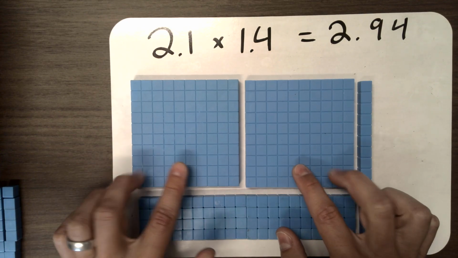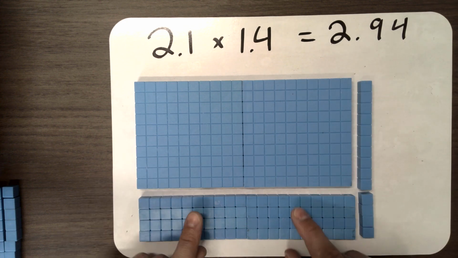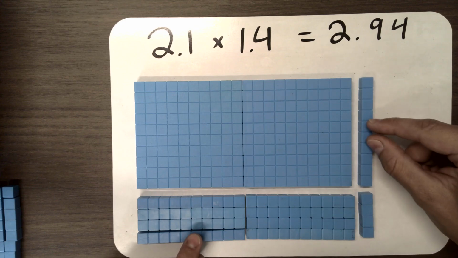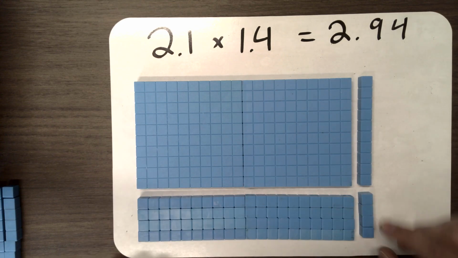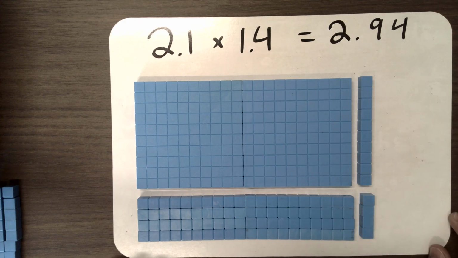Here we have 2 whole objects, so that's where our 2 comes from. Down here we have 8/10, and then we have another tenth over here, so that's where our 9/10 comes from. Over here we have 4, and these are those small cubes, so those are hundredths, so we have 4/100ths.